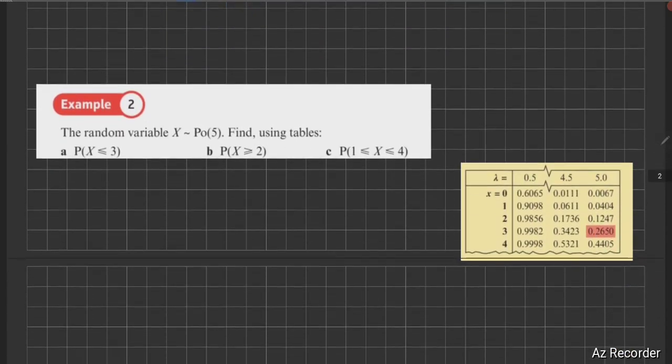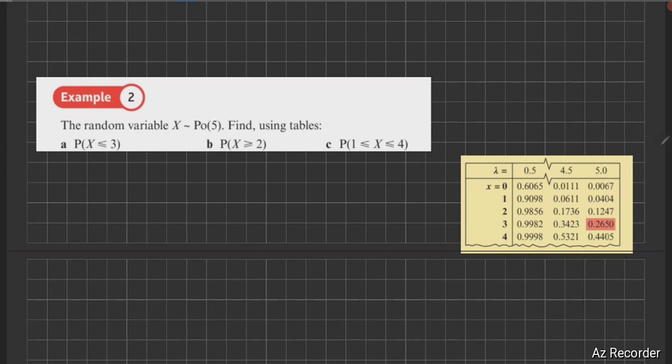In the final example, when we've got cumulative distributions, we can use our formula table. They're not going to expect you to manually work out using the equation. And so the probability that x is less than or equal to 3, we just look here, we get 0.2650.